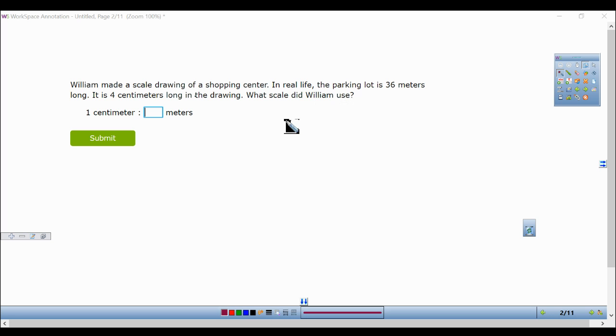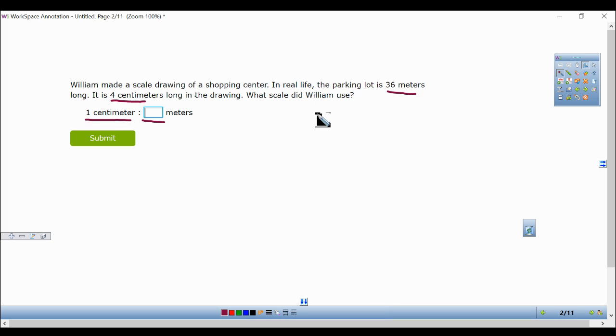So, in the drawing, it was 4 centimeters long, and in the actual parking lot, it was 36. So, we want to find out what 1 centimeter is in meters. Our answer should be in meters.